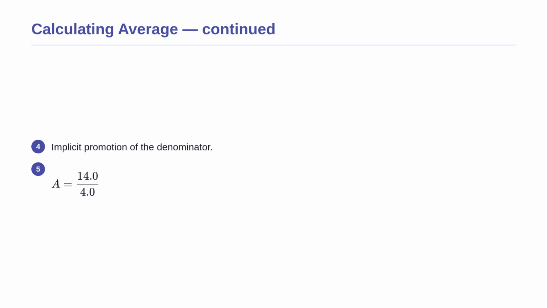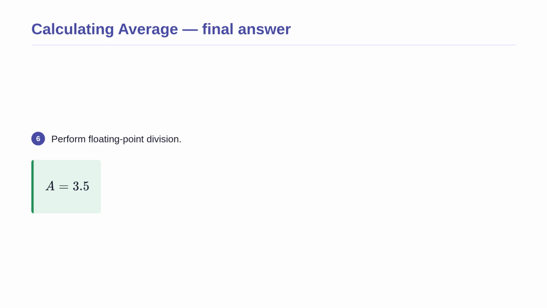The division can now proceed without dropping any fractions, ensuring our math is handled correctly and no data is lost in the intermediate steps. With both numbers promoted to decimals, the final division is performed accurately. 14.0 divided by 4.0 yields exactly 3.5.